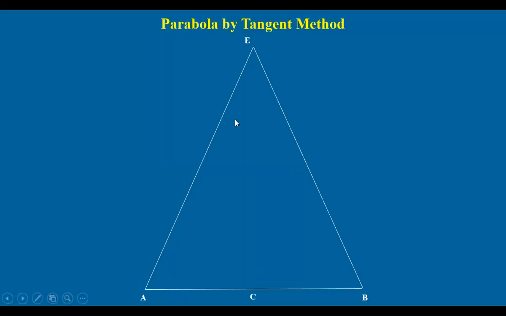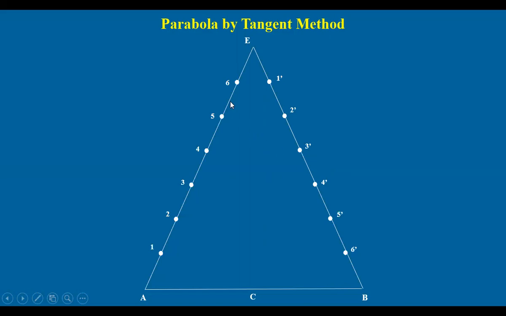Divide AE into some number of equal parts and mark the points. Name them 1, 2, 3, 4, 5, 6 like this. Do the same thing on the right side on BE. Divide it into the same number of equal parts and mark these points from E as 1 dash, 2 dash, 3 dash, like this.